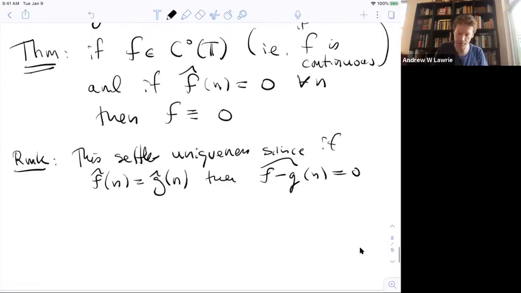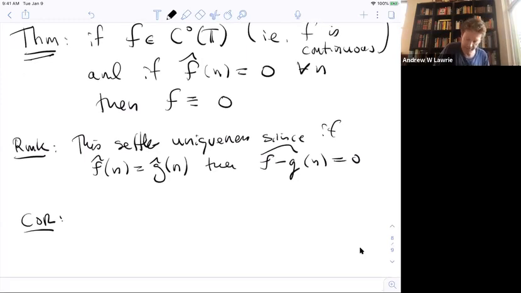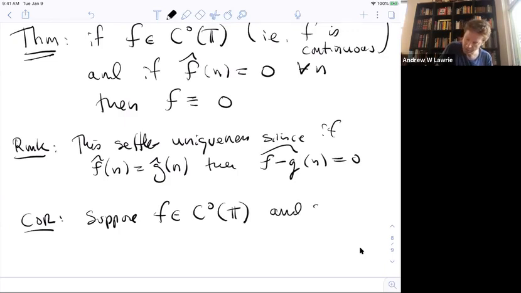So let's assume for a minute that we have this theorem that knowing the Fourier coefficients of a continuous function completely determines the function. A corollary is the following. Suppose f is a C0 function, a continuous function on the torus, and suppose I know something about its Fourier coefficients: that if I take absolute values of them and then sum, the series converges.